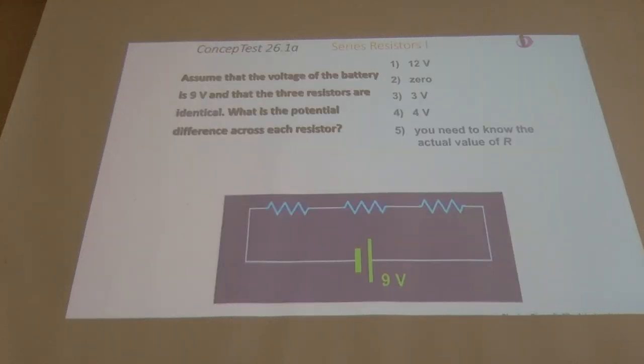Which brings me to these 2 questions, and then we're going to be done for the day and for the week. Assume that the voltage of the battery is 9 volts and the 3 resistors are exactly identical. What is the potential difference across each one? Don't think too long.